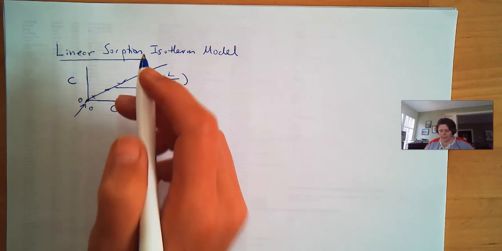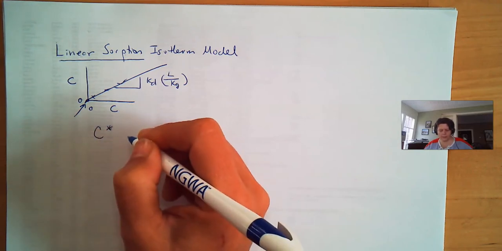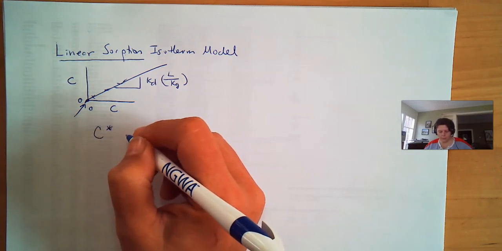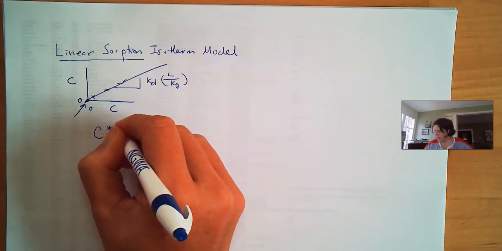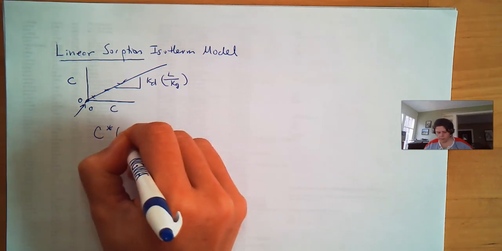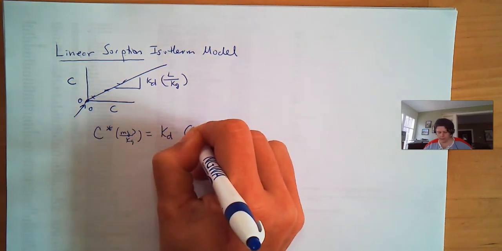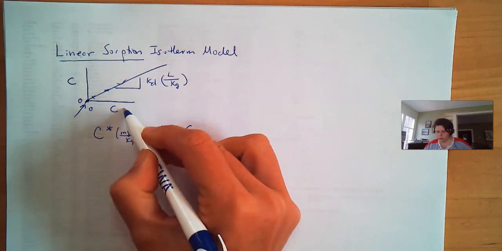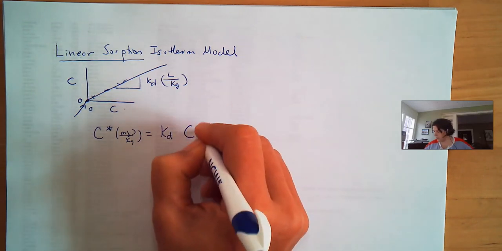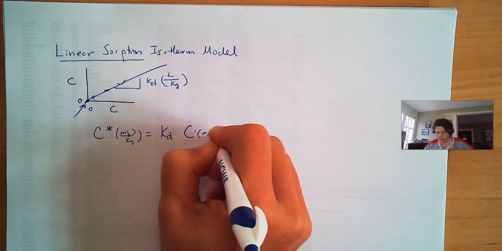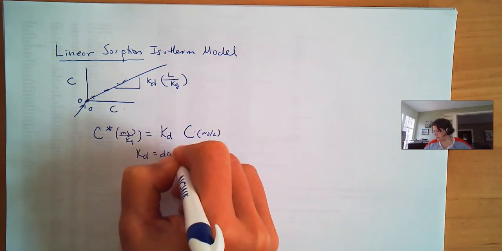The mass of the solute absorbed to the solids per unit mass, in milligrams per kilogram, equals our KD times our C, which is the concentration of the solute under equilibrium conditions, in milligrams per liter, where KD is our distribution coefficient.